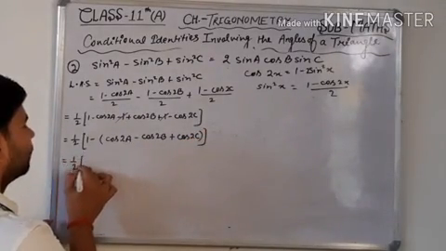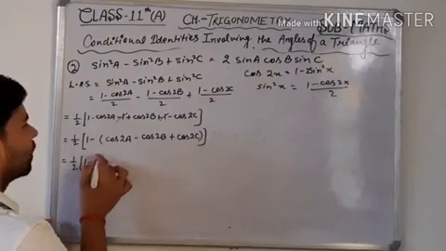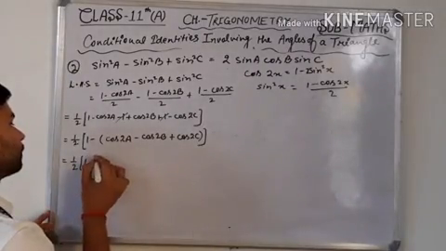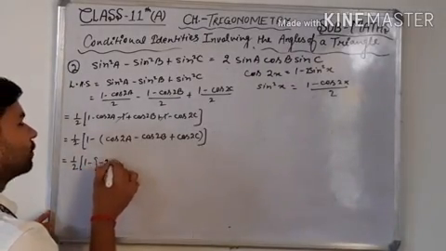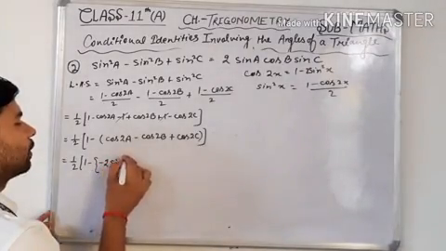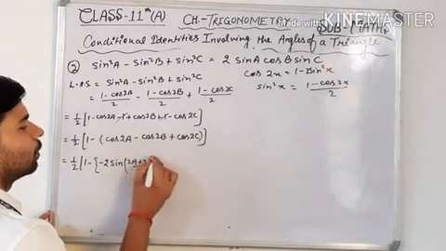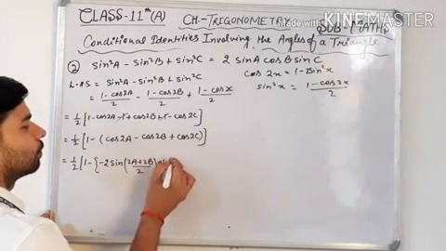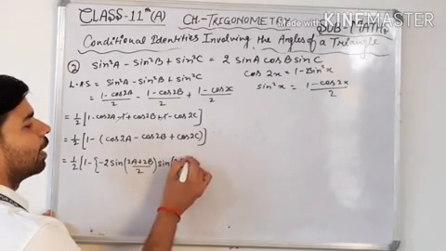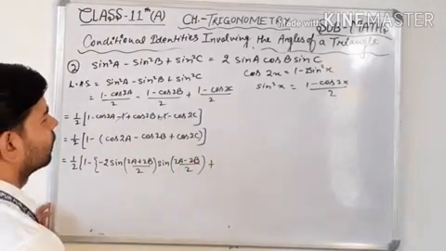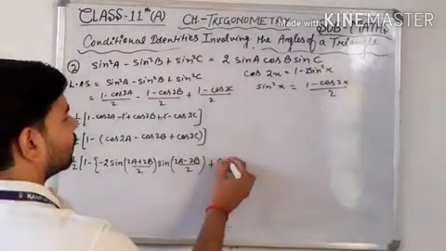Equal 1 by 2, 1 minus, apply cos c minus cos d, minus 2 sin (2a plus 2b) upon 2, sin (2a minus 2b) upon 2, plus cos 2c.